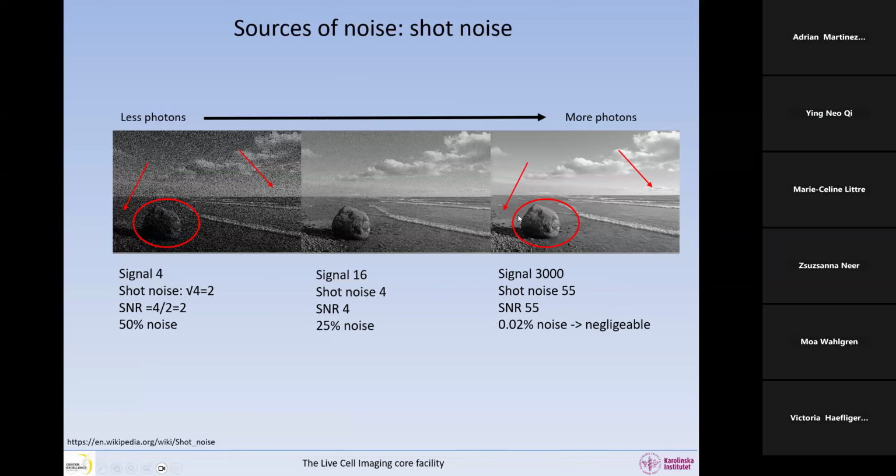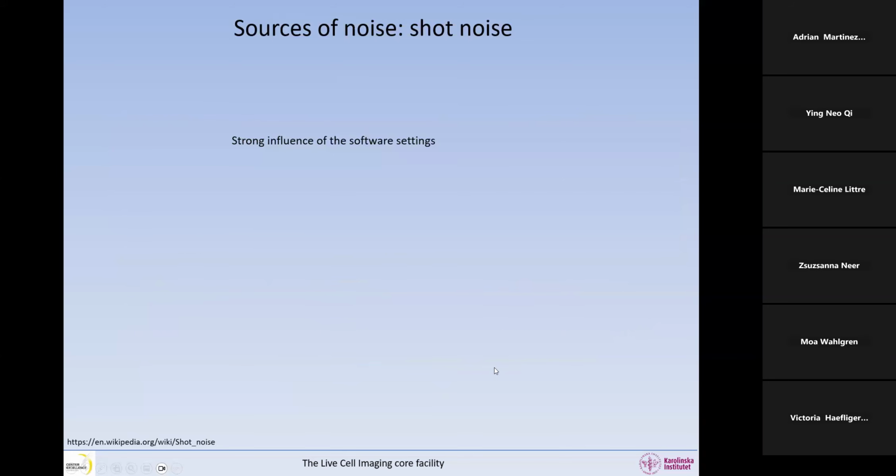Whereas if we look at the image with a high signal to noise ratio, we can see all the little details everywhere. So this is an advantage with the shot noise. We cannot eliminate the shot noise, but because it has a square root relationship with the signal, if we increase the signal, we actually decrease the proportion of the noise that comes into the image, and we increase the signal to noise ratio.